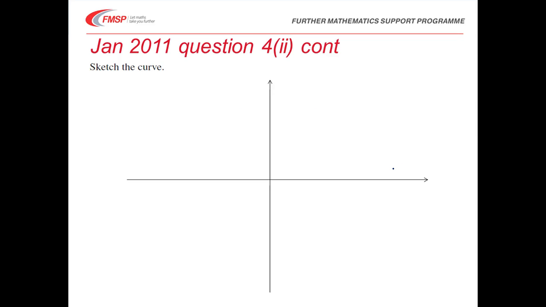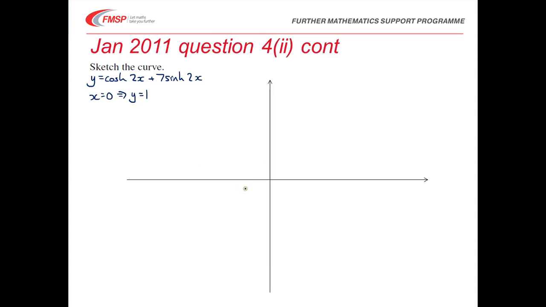Now we can do our sketch. We're trying to sketch y equals cosh 2x plus 7 sinh 2x. And we can see that if x is 0, then y is equal to 1. We know that there are no places where the gradient is 0.